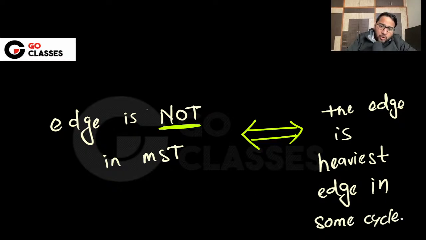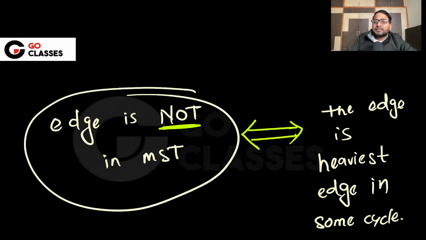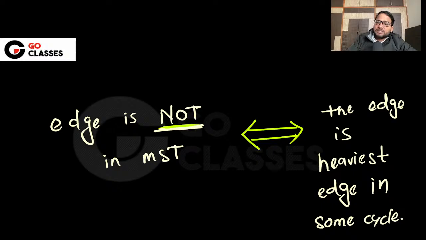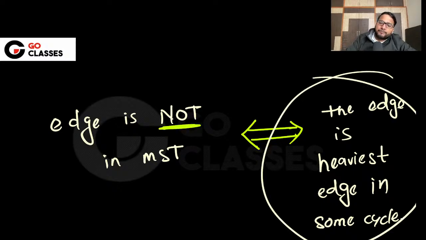Okay, there is only one reason. If some edge is in the MST, then we will see what to do. But if you want to check whether it is not in the MST, there is only one reason why it is not in the MST: it must be the heaviest edge in some cycle.